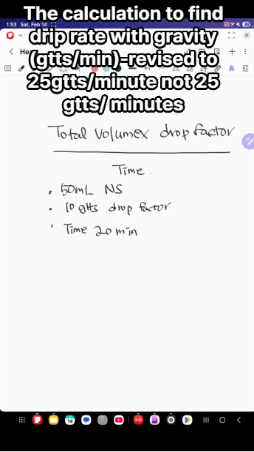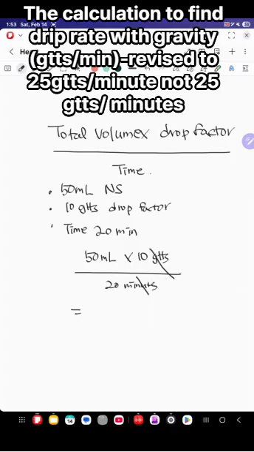In order to find the drip rate, I have to use this formula and these three numbers. So I'm going to apply three of these numbers into this formula. So first, I'm going to multiply 50 milliliter of the saline bag, multiply drip rate 10, and divide by 20 minutes.